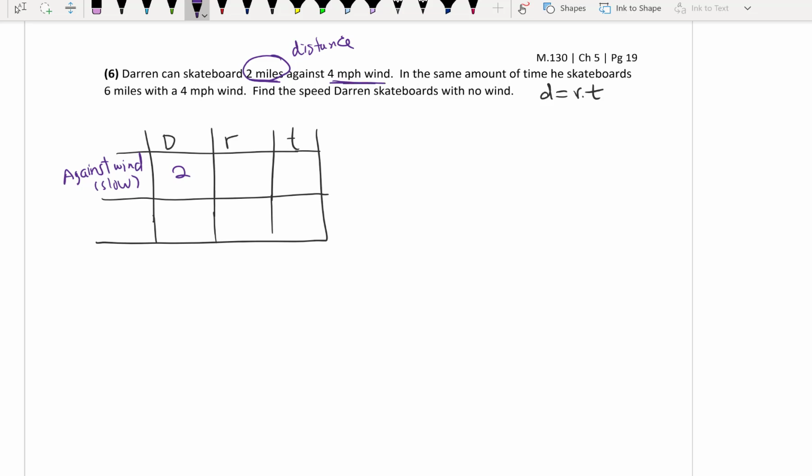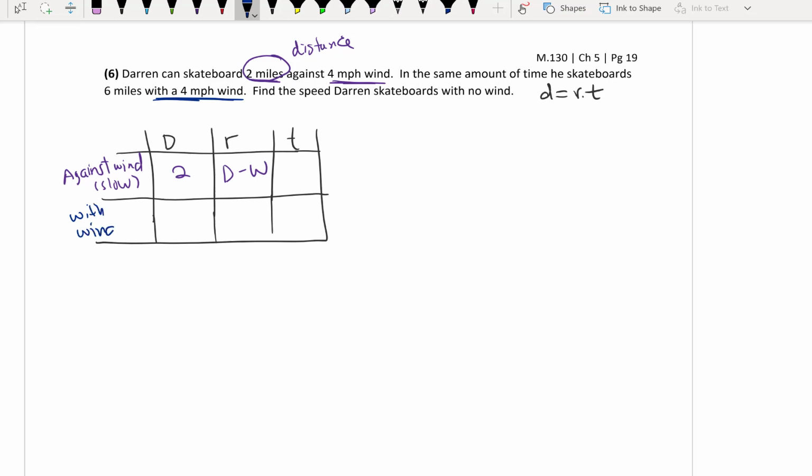So I'm going to have my skateboard. So let's say it's Darren, right? And it's going to be minus the wind since you're slowing down. Now, the second part, it says in the same amount of time, he skateboards 6 miles with, sorry, with a 4 mile per hour wind.